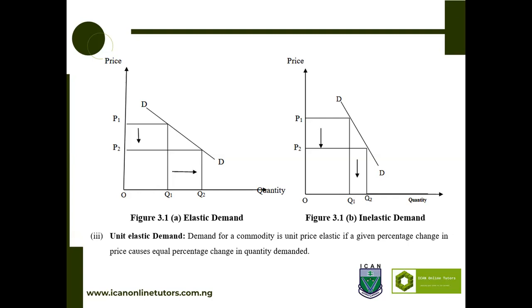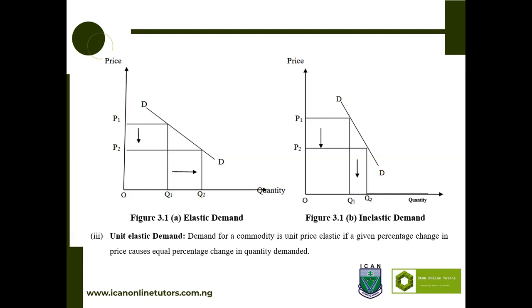We move on to the next type of elasticity of demand, which is unit elastic demand. Demand for a commodity is unit price elastic if a given percentage change in price causes an equal percentage change in quantity demanded.